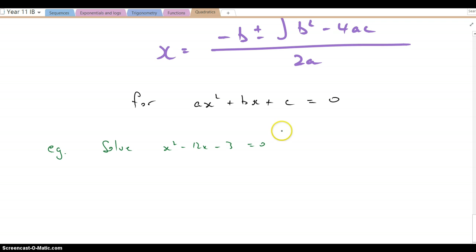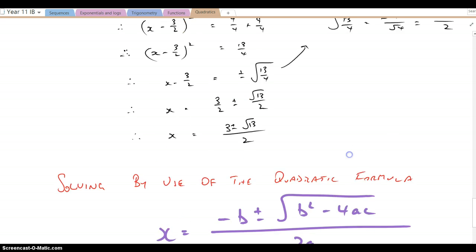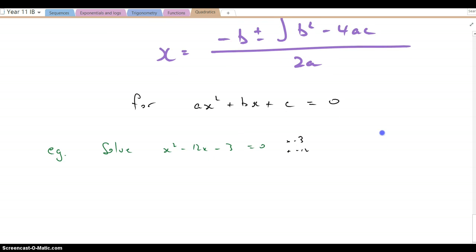Multiplies to minus 3, adds to minus 12. There's nothing there. So when there's no factors, I can't solve it by factorization, which is the preferred method, then I would go immediately to the quadratic formula. You might like to go and complete the square. That might be your method. I'd go straight to the formula.